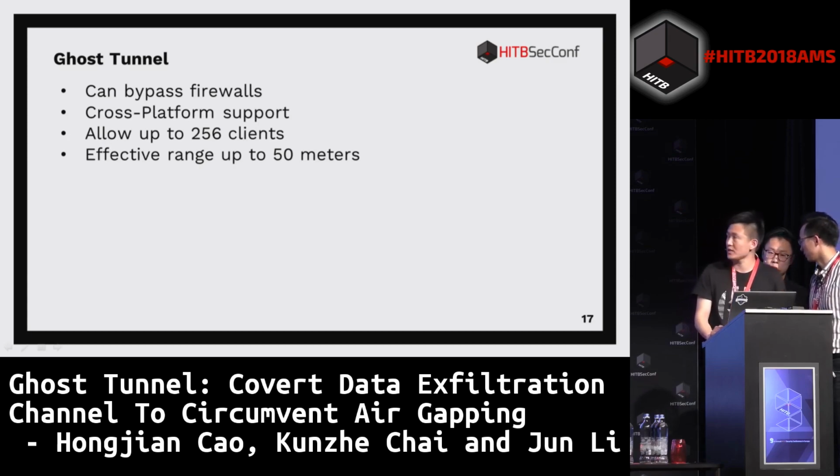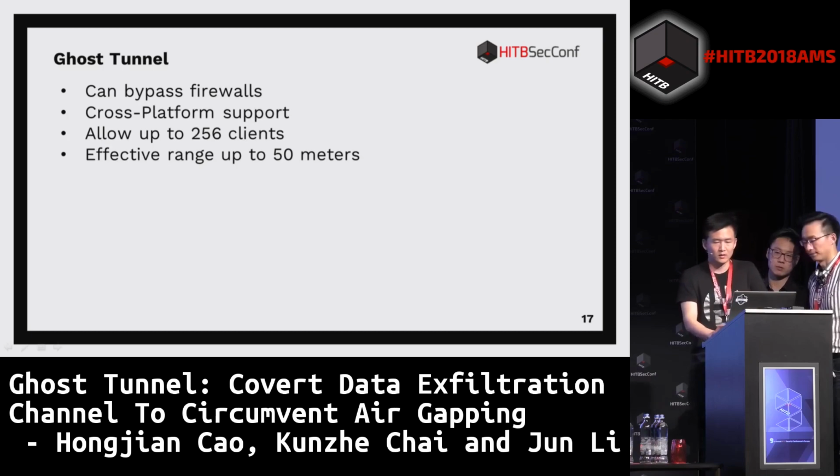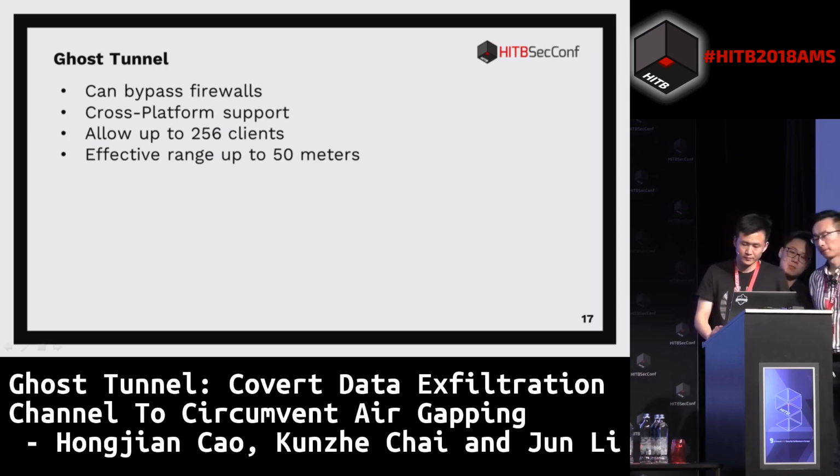It can be used to attack any device with a wireless network card. We tested this attack on Windows 7 up to Windows 10 and Mac OS X systems. And it can work within 50 meters and even further.